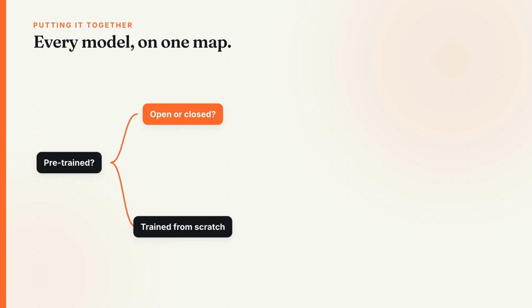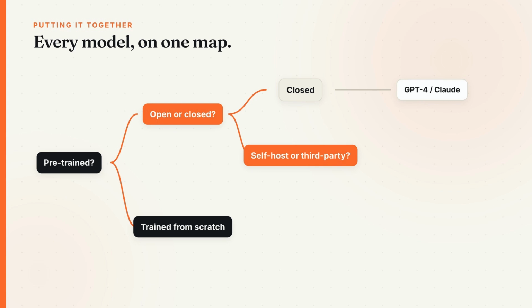So here's the whole map in one picture. Part 1. Is it pre-trained? Almost always, yes. Part 2. Is it open or closed? Part 3. Only if it's open. Where does it actually run? GPT-4 and Claude. Pre-trained, closed. Part 3 doesn't even apply because it only ever runs on their servers.